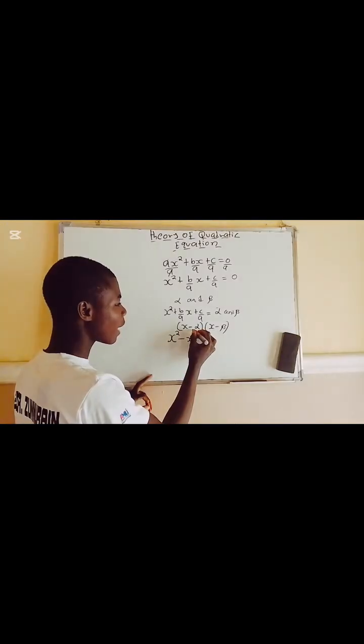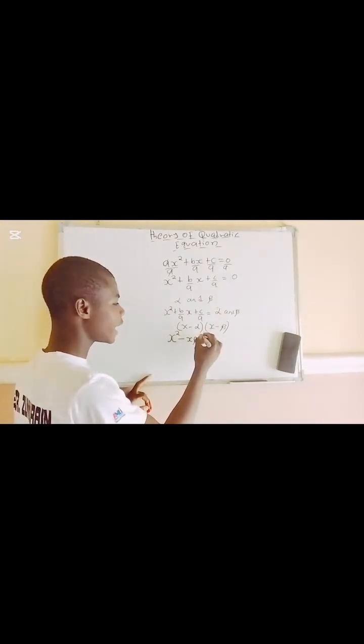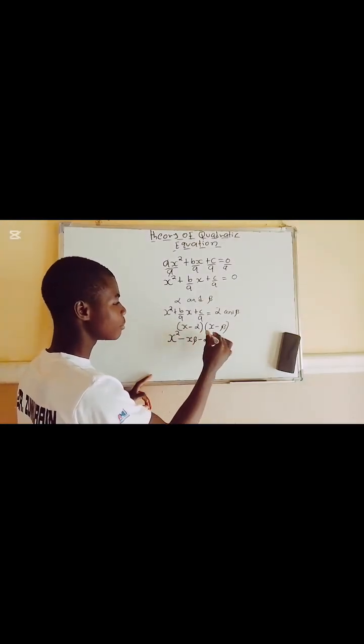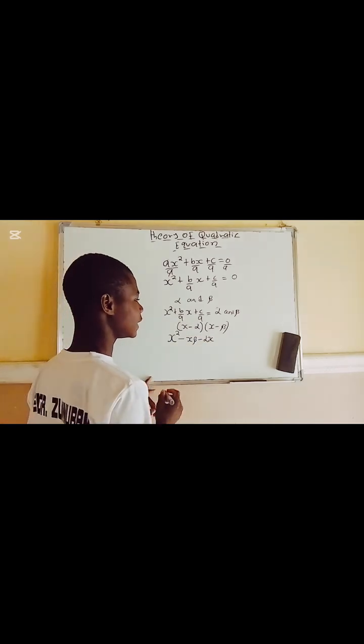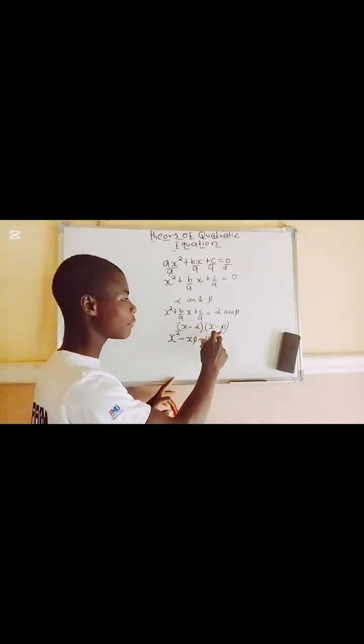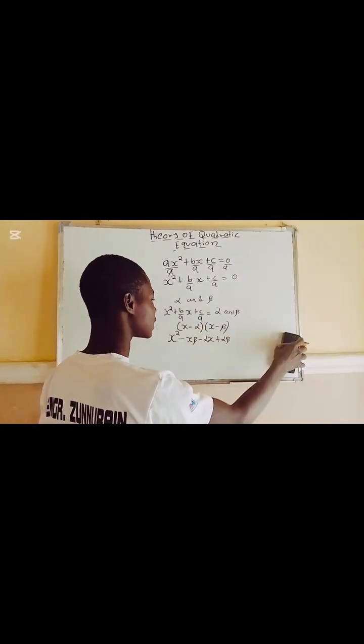And therefore minus alpha multiplied by x will give me minus alpha x.